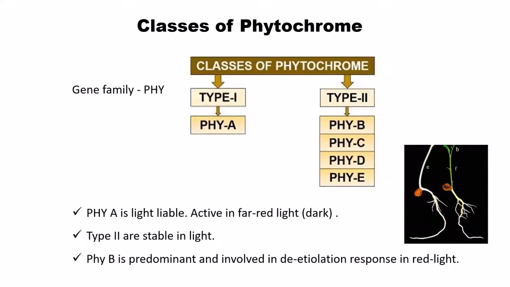And this phytochrome is coded by the gene family PHY. Type 1 is coded by PHYA, and type 2 are coded by PHYB, PHYC, PHYD and PHYE. Okay, and this PHYA, that means type 1.